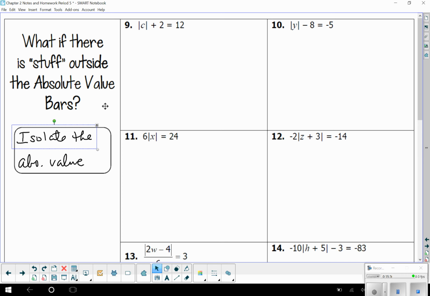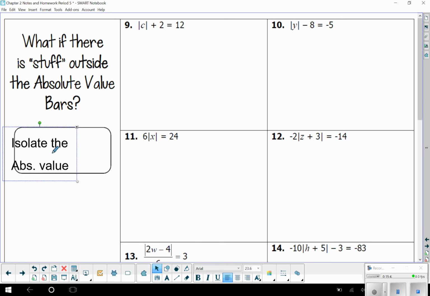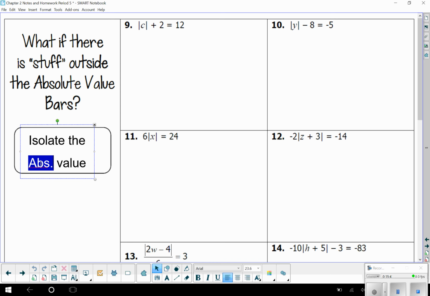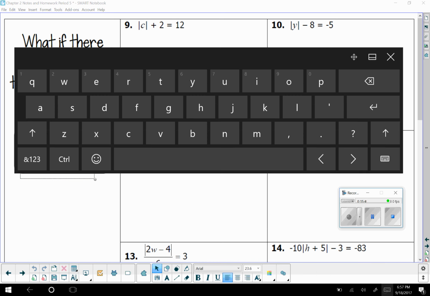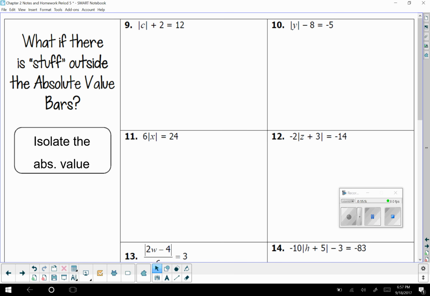So if you guys are wondering. Okay, isolate the abs value.